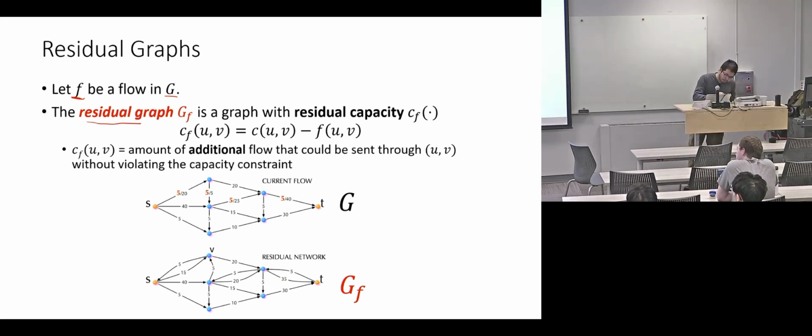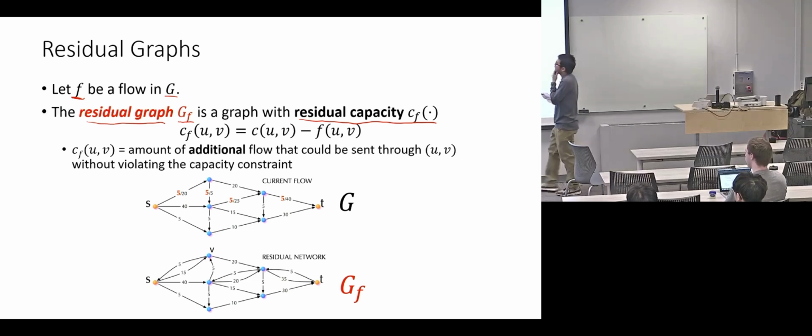The residual graph G with respect to F is just the same graph as G, but the capacity changes. It defines the residual capacity of u to v in a really intuitive way: the remaining capacity, just the capacity from u to v minus whatever you have used.